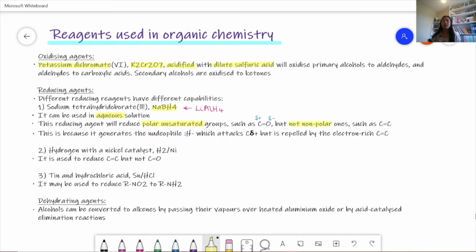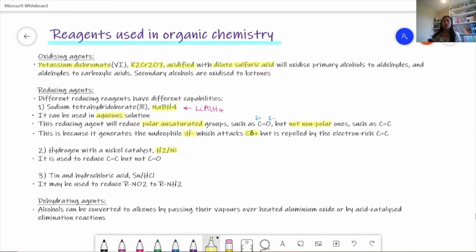And this is because it generates the nucleophile H-, which can only attack this carbon with a partially positive charge, but it's repelled by the electron-rich carbon-carbon double bond because we know that the double bond is an area of high electron density.